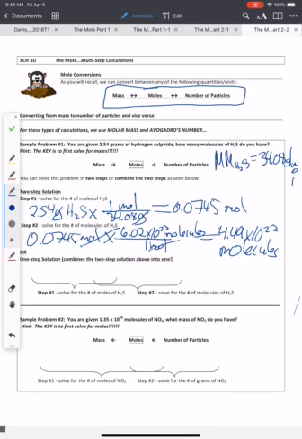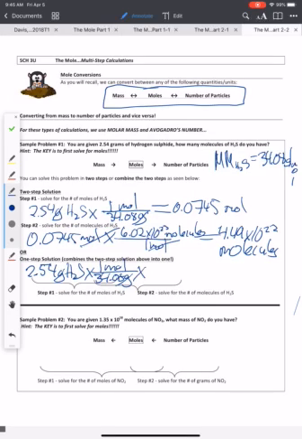What you could also do, which I prefer, is just writing it all out in one step. It's exactly the same steps, just all in one line, and you'd only have to do the calculation once. We start off the same way with 2.54 grams of H2S. In our first step, we go from grams of H2S into moles, so we use that first conversion factor, 1 mole over 34.08 grams.